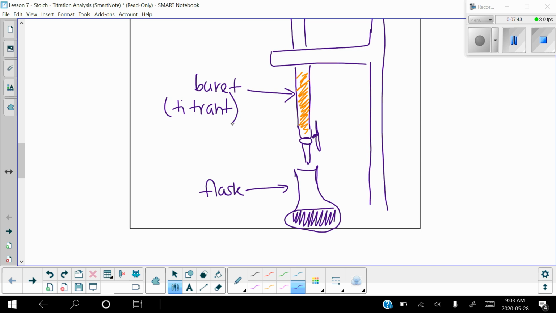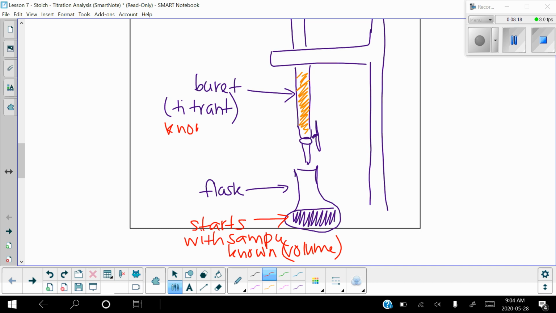Okay, so this has a known concentration. Okay, and in the flask, you have a known volume. Okay, so flask starts with sample. Okay, known volume. Known concentration.